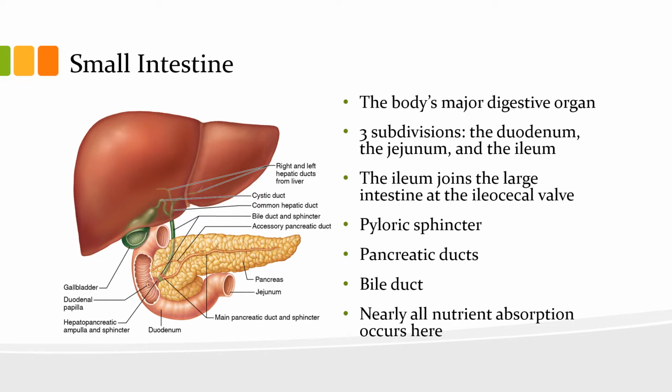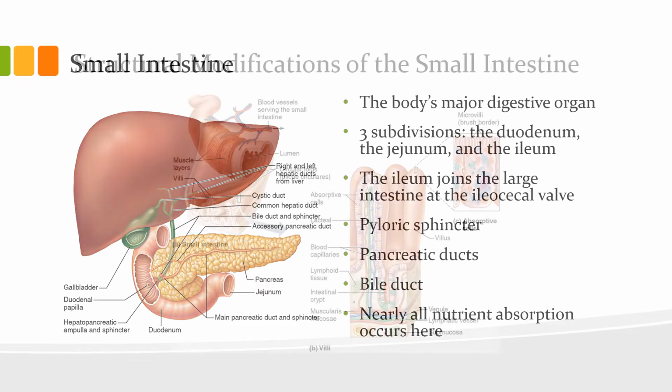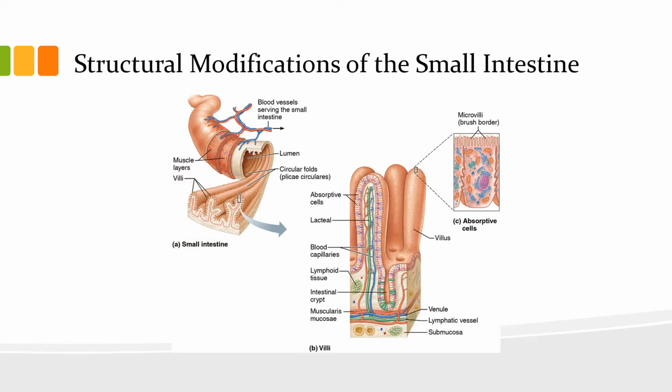So we'll look at a picture of those three things on the next slide here. In A, you can see those circular folds, the plicae circularis, that are seen on the inner surface of the small intestine.